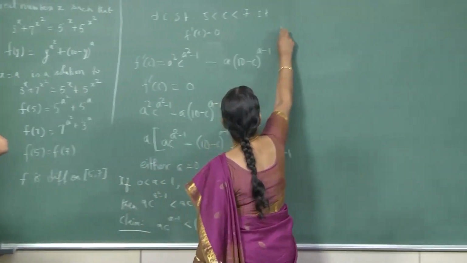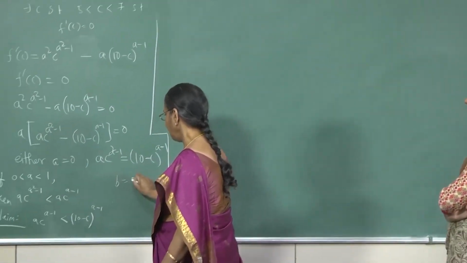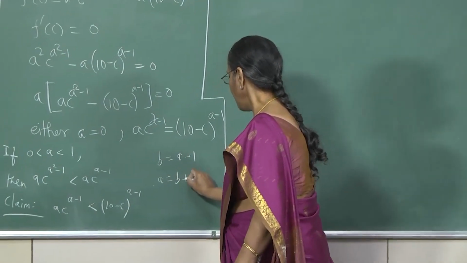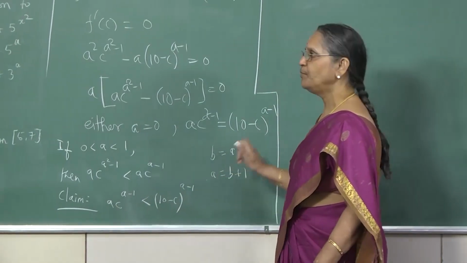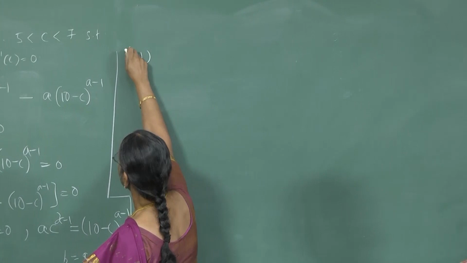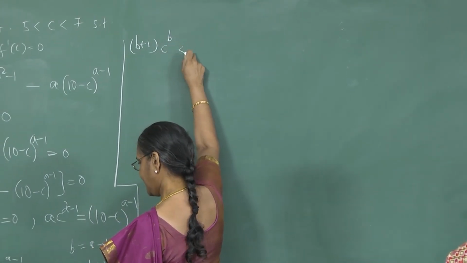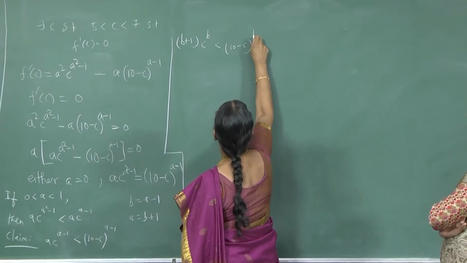So let me write b as a minus 1. So a is b plus 1, and I would like to write my claim in terms of b. So b plus 1 into c to the power of b is less than 10 minus c to the power of b.